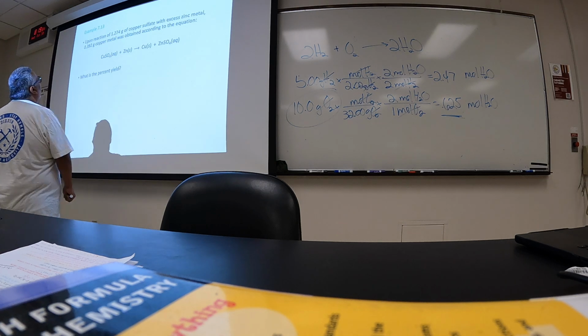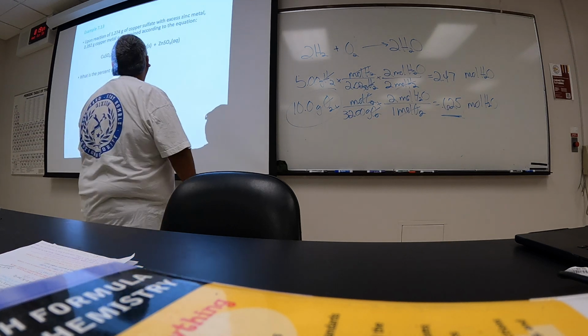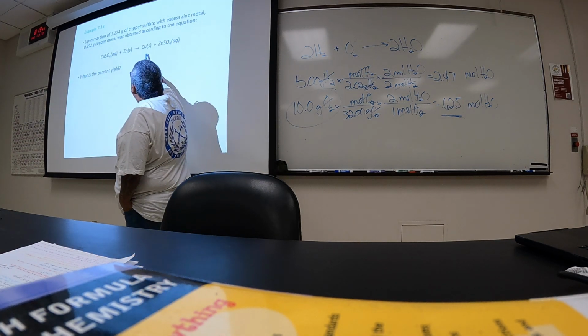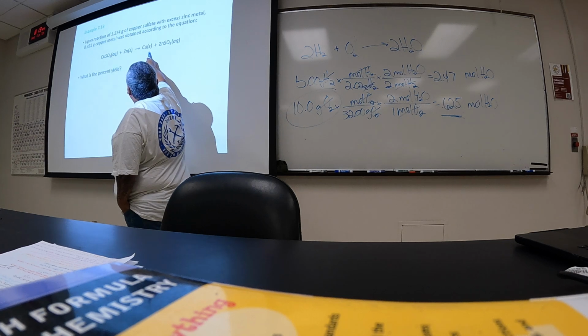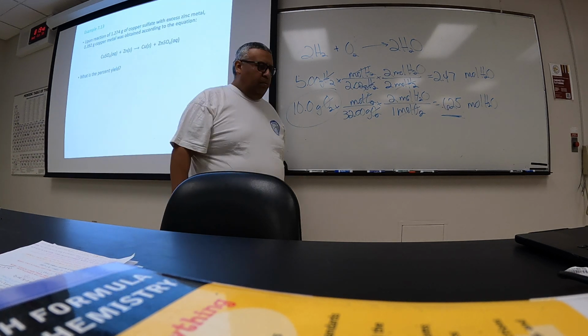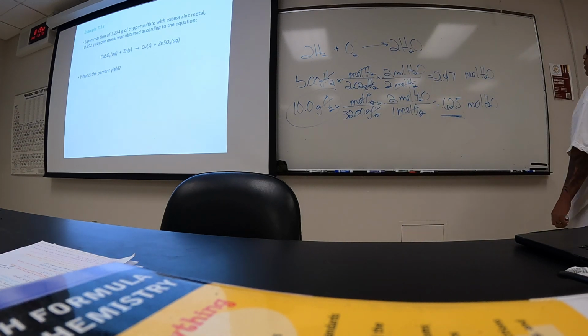It says upon reaction, there's 1.274 grams of copper sulfate with excess zinc metal, and 0.392 grams of copper, so this is how much copper was obtained. So is the 0.392 grams of copper our actual yield or our theoretical yield?